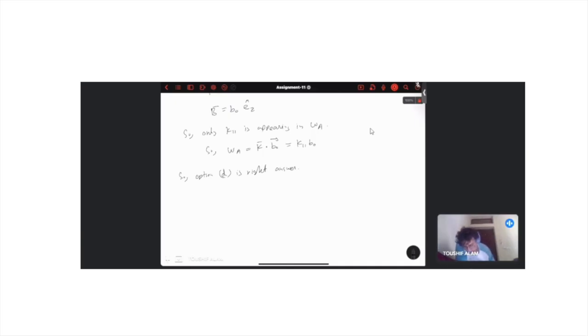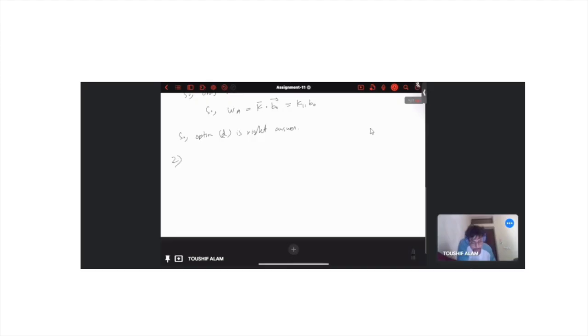So the next question, question number 2: in magnetoconvection, instability can occur from growing oscillations under which conditions?